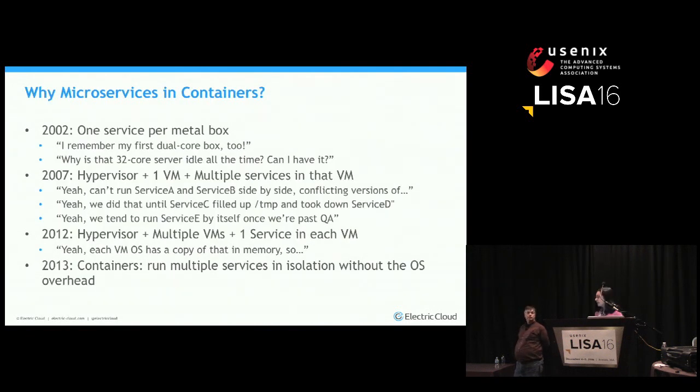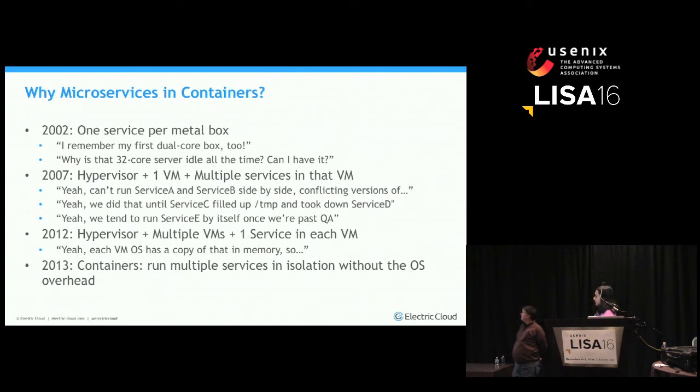So this is just the journey that we have seen from having one service per box back in 2002 all the way to running on containers, which is really the pattern we're seeing, and as Anders said, the PB and J of microservices.